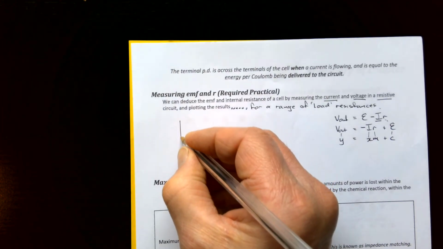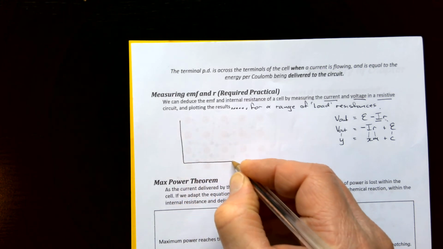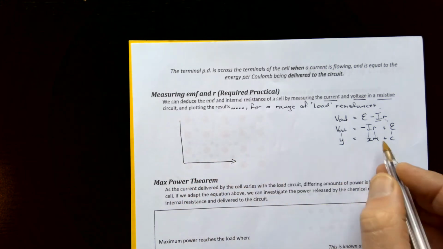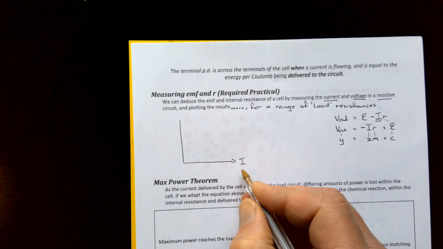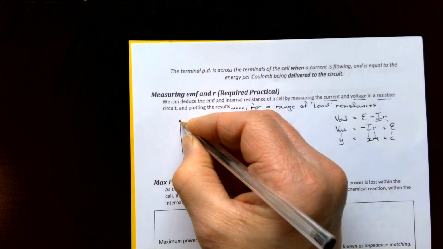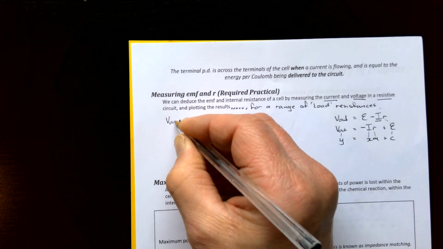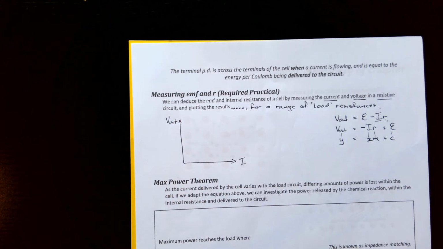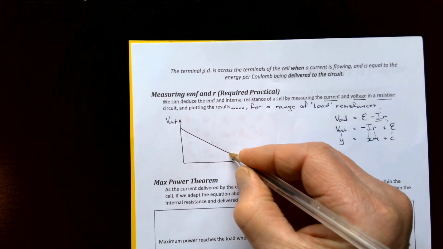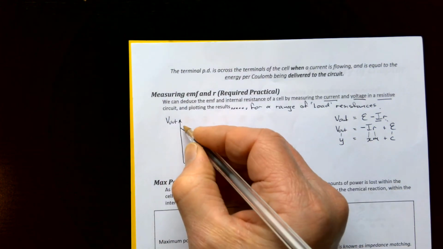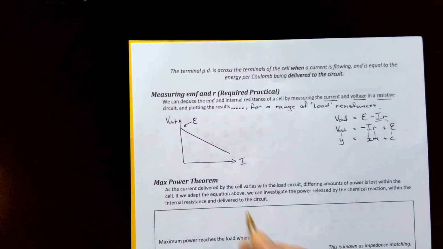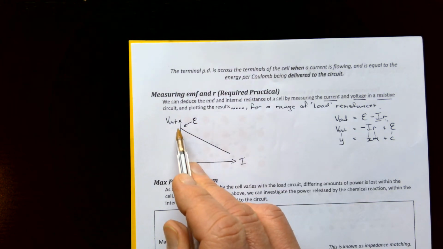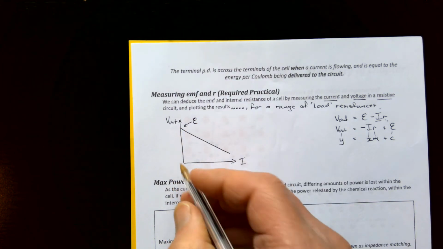So if I plot that, I should get, with I flowing through my circuit on the x-axis, if I plot the output voltage, the terminal voltage on that one, I should get a graph that does that. That is my value of EMF, i.e. the maximum voltage when current is 0.